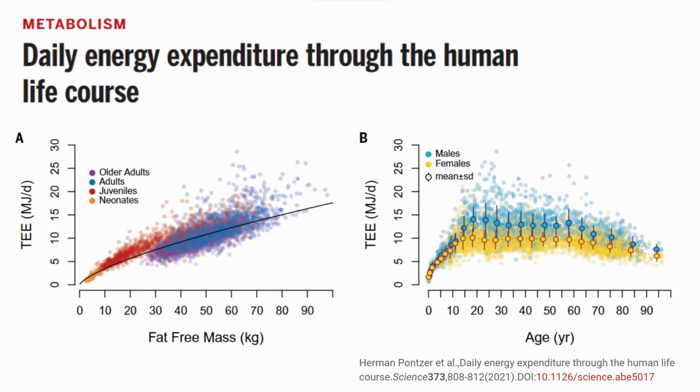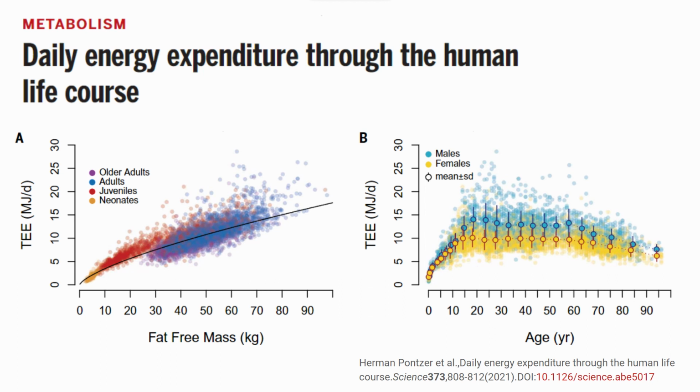As you can see, as you grow older, the age is shown on the x-axis, and the energy expenditure is still on the y-axis. For both males and females, they were able to calculate the total energy expenditure for various groups of humans at different stages of their life. What they can see is that as you grow older, there's a change in how much energy your body is utilizing.